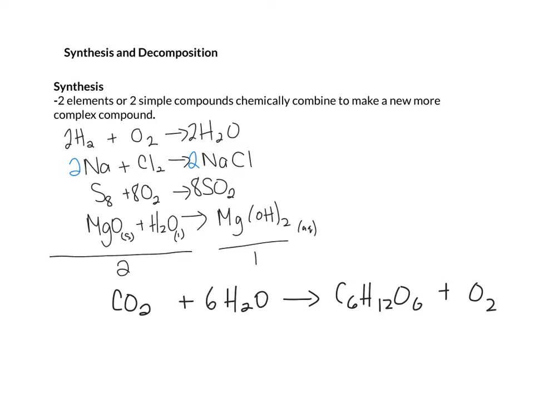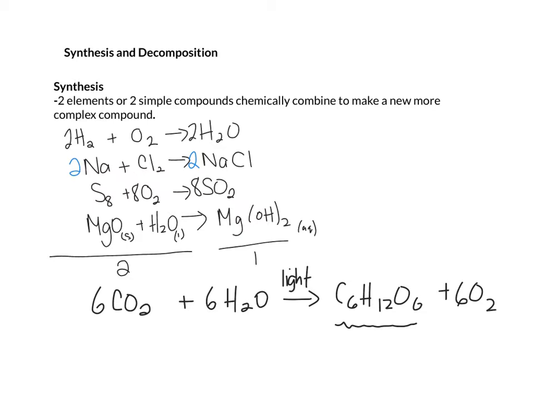This process occurs in plants. This is called photosynthesis because it uses light to happen. So carbon dioxide plus water makes a more complex compound, sugar, that plants need for energy.